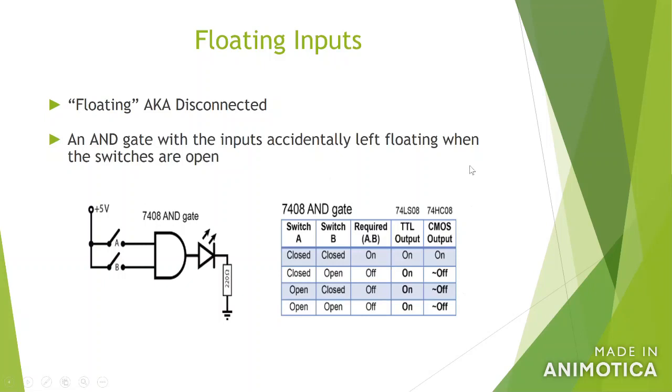Another very important thing for electrical circuits is called floating inputs. What does floating inputs mean? Look at this example. We have this 7408 AND gate with 2 inputs, input A and input B, and switches to control whether we connect the voltage to input A or input B. The output will be used to drive this LED.